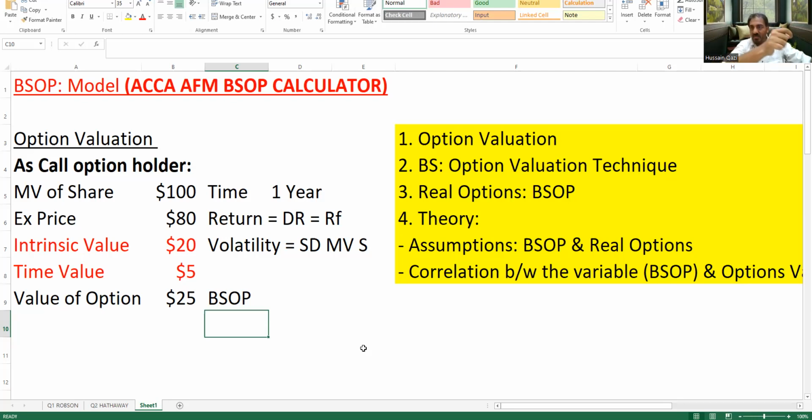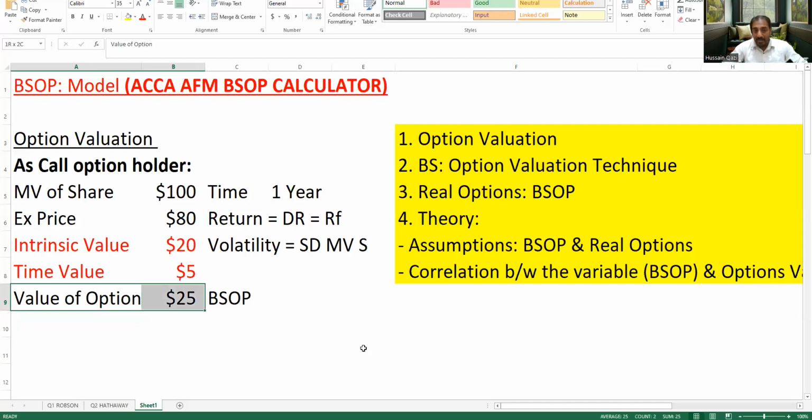an option is tradable in the market, but there are some models through which we calculate the option valuation, and the one method in the syllabus, only one method, is called BSOP. So by BSOP, we will calculate directly the value of the option, the complete value of the option.